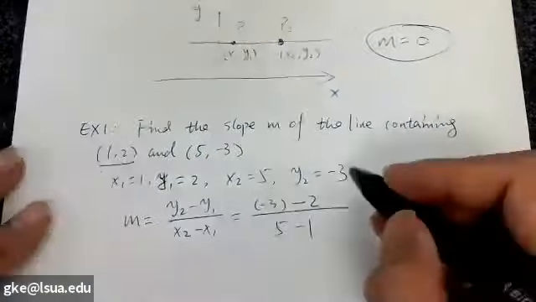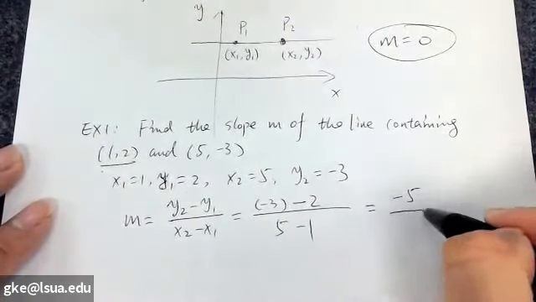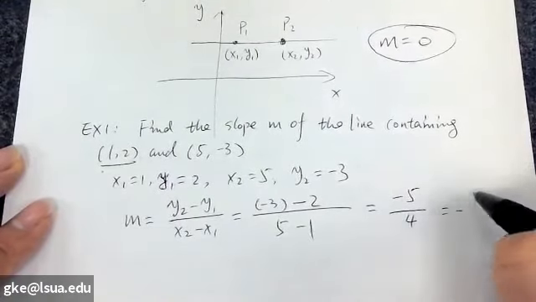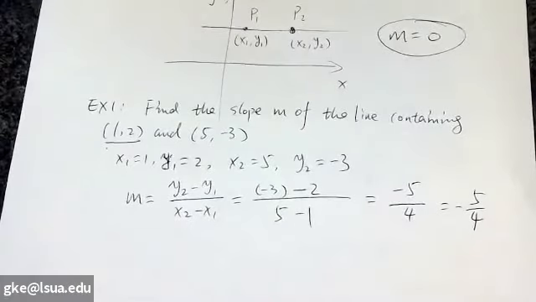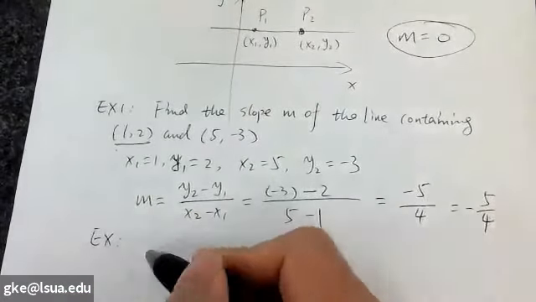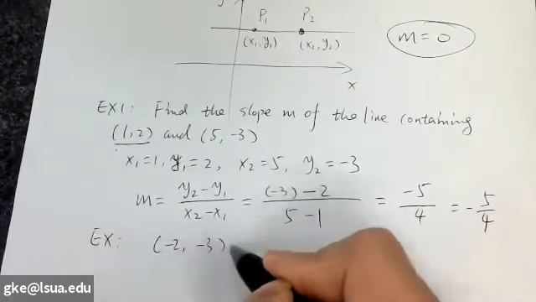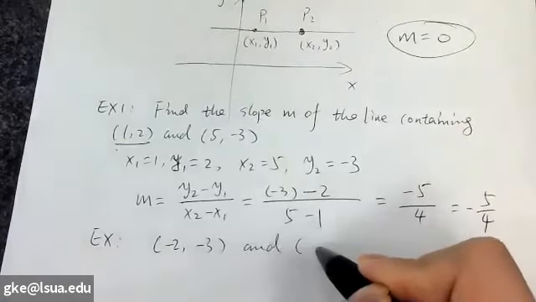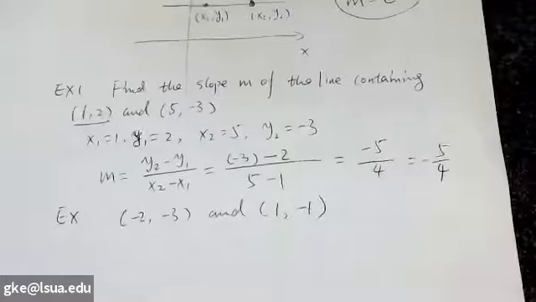That gives -5 divided by 4, so the slope is -5/4. Now I want you to try this one for me: find the slope between (-2, -3) and (1, -1). Try this one.